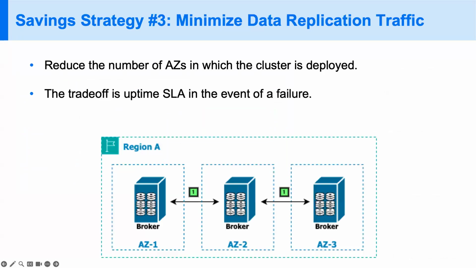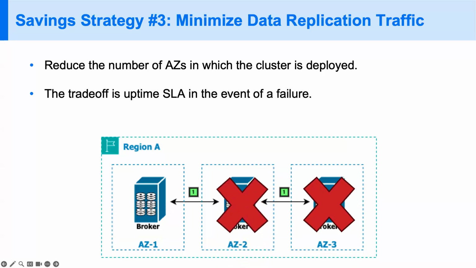There's a cost associated with each one of those bytes being sent between inter-AZs. If you want to reduce the cost, one strategy is to just reduce the number of AZs over time in which the cluster is deployed.